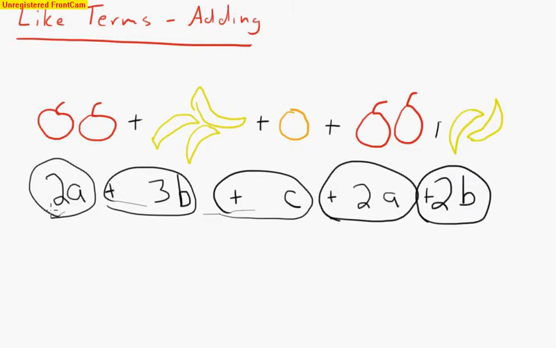And we're going to combine them and say, well, which ones are the same? And the coefficients don't matter. If I want to know if I can combine apples and apples, what matters is the variable, the A. These are both A's, so I can combine them to 4A. I have 4 apples. The 3 makes no difference as far as combining like terms. The coefficient, neither does the 2. This tells me how many B's I have.